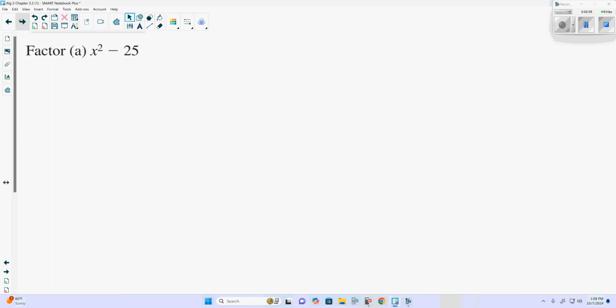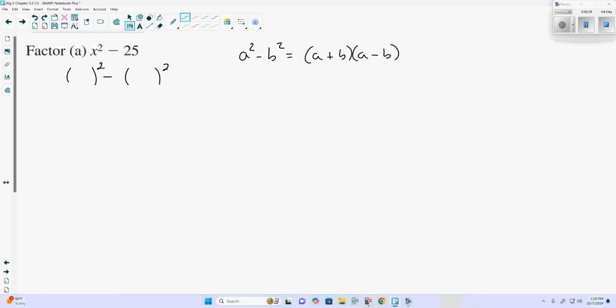Let's look at this first one here. X squared minus 25. Again, it's still going to follow this pattern of a squared minus b squared is equal to a plus b times a minus b. There's a few things that tell us this is a difference of perfect squares. One is we have two things being subtracted. That's our difference.